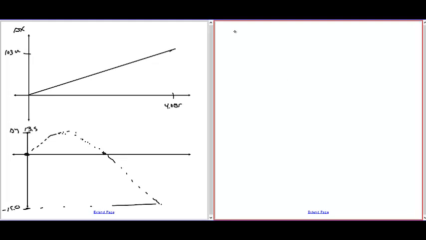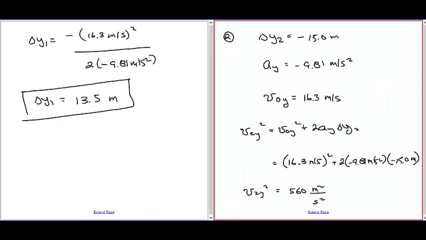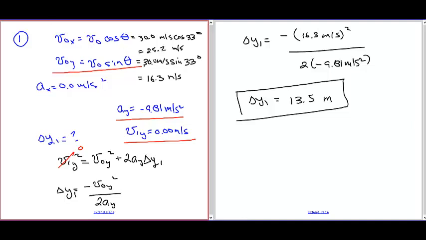Now the velocity, the x velocity is constant, positive, it's just a horizontal line. The y velocity is going to be a straight line. So we start at positive, then we go through 0 at the peak, and then we become more negative. So here it's a horizontal line. This is v sub x. So the x component was 25.2.